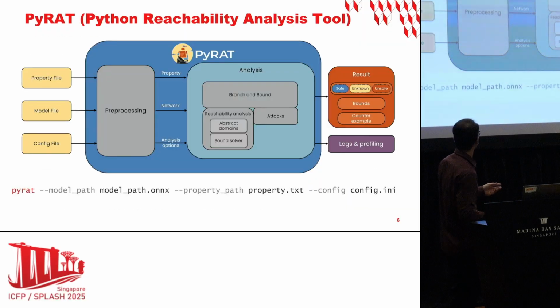So PyRAT, which stands for Python Reachability Analysis Tool, takes as input three files: a property file, a neural network file, and a config file, which contains numerous different options for PyRAT. There are some processing steps and some analysis steps, where there is the reachability analysis in which we perform the abstract interpretation.